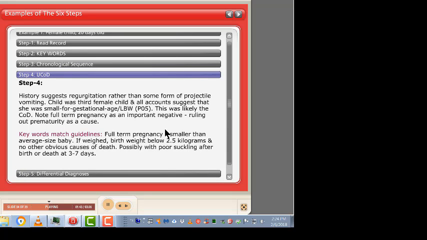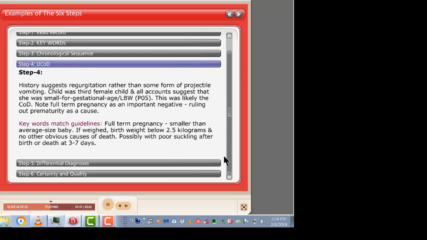Step 4. History suggests regurgitation rather than some form of projectile vomiting. Child was third female child and all accounts suggest that she was small for gestational age or low birth weight. ICD code P5. This was likely the COD.